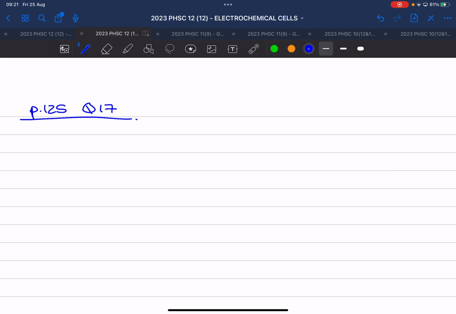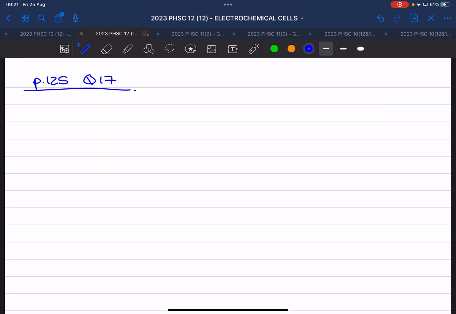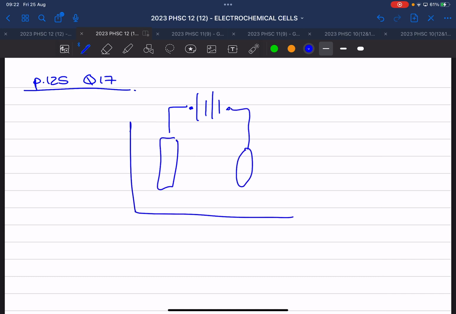They say there, the simplified diagram below represents an electrochemical cell. So you can see there we have a direct current source, so it could be a battery or whatever, it doesn't matter, with an electrode, and then we have something there. And they just say there is impure copper.